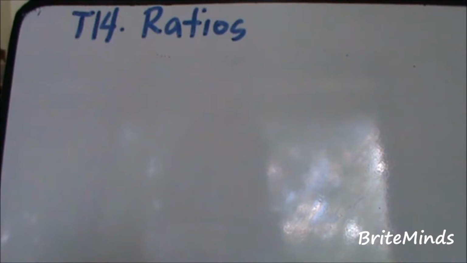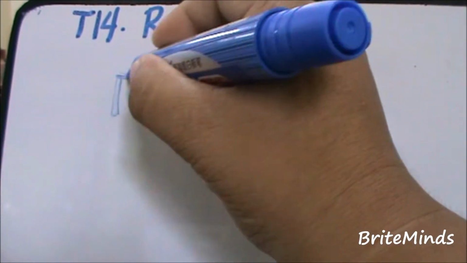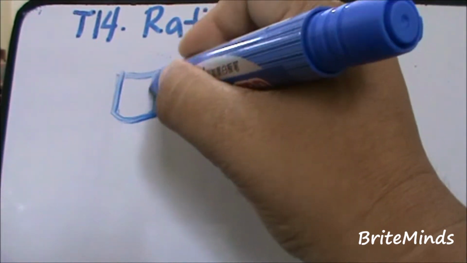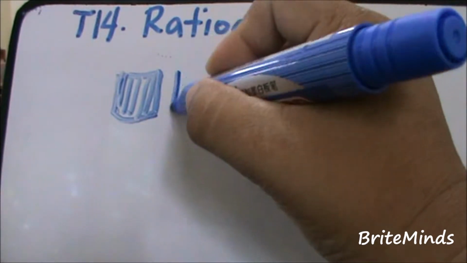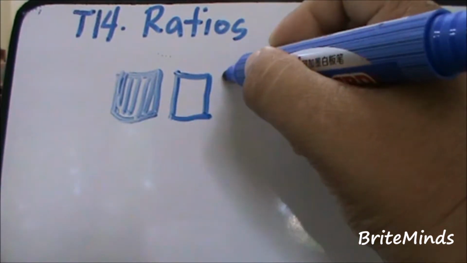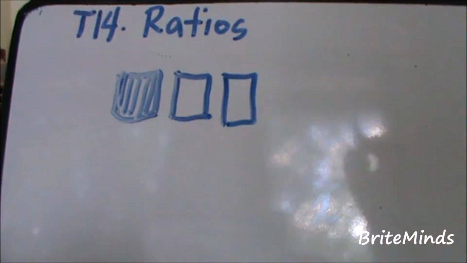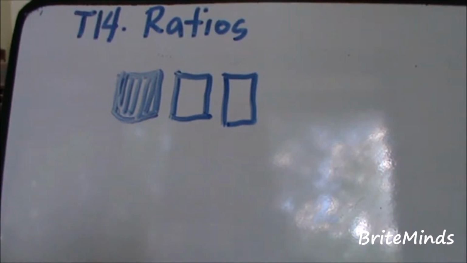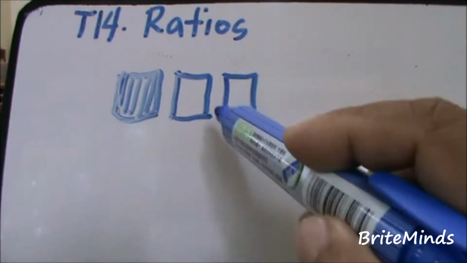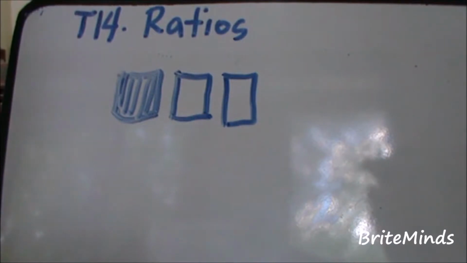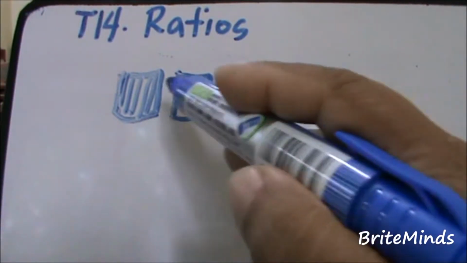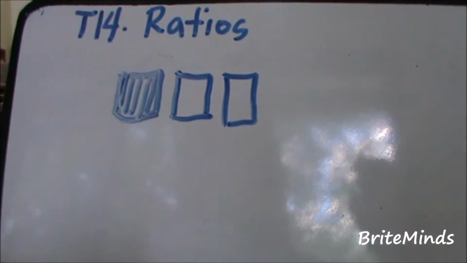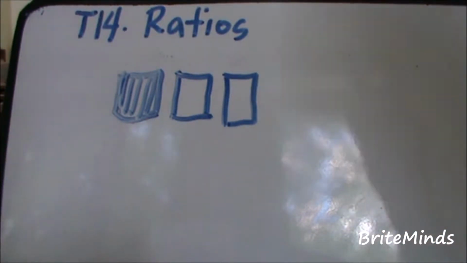For example, I have here one blue square and two white squares. These two different colors of squares are compared to one another.